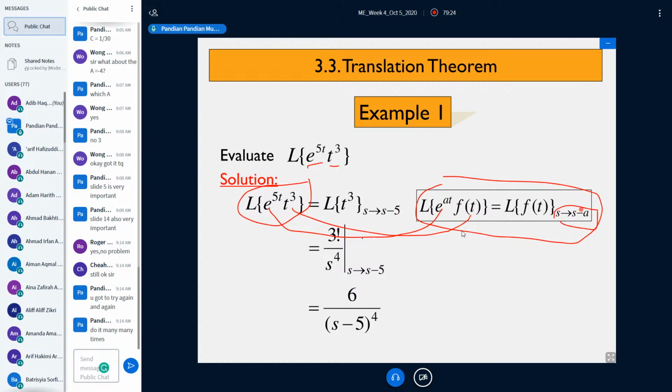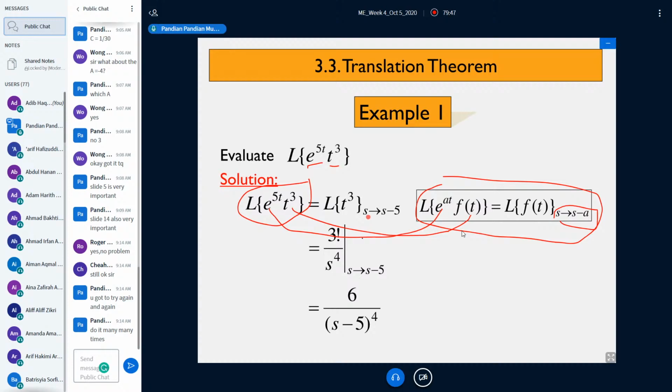So Laplace of t cubed, according to the formula in 3.1, slide number 18: Laplace of t^n is n factorial over s^(n+1). n is 3, 3 plus 1 is 4.